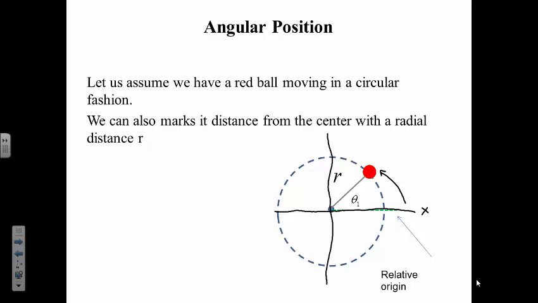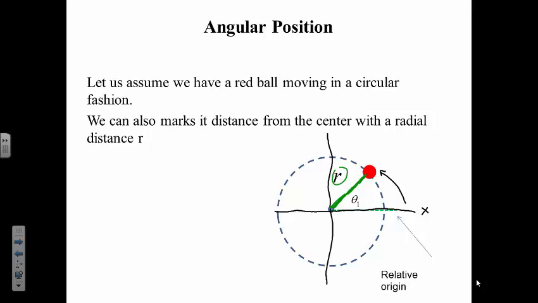Now the other thing we need is to mark the location from the center, and we do that with this line in the slide. I'll color it green. This green distance here that connects the origin to the object, or the point of interest of rotation, we're going to call R.